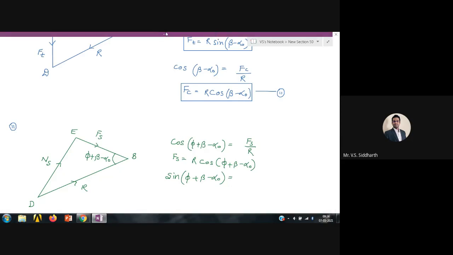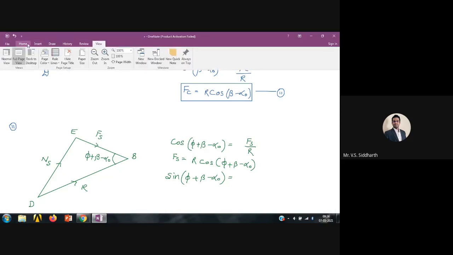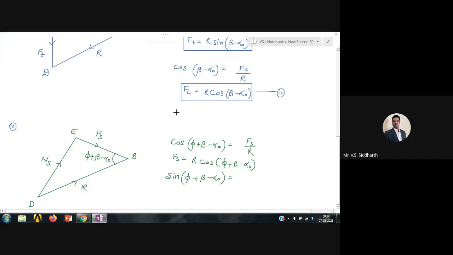Similarly, sine phi plus beta minus alpha naught will be Ns upon R. So my Ns will be R sine phi plus beta minus alpha naught.